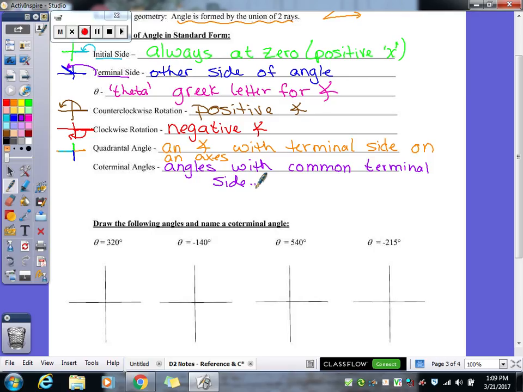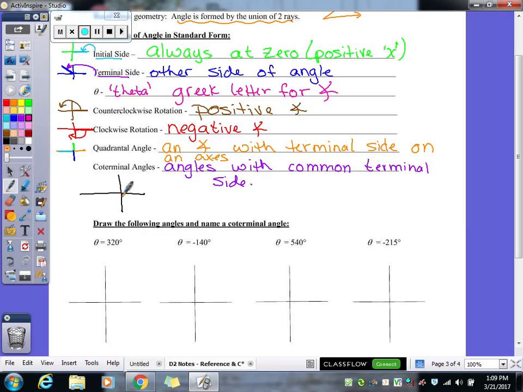So they share that terminal side. So when we go to draw our angles, which is what we're going to do next, we're going to draw our angles and then we're going to find our coterminal angles.